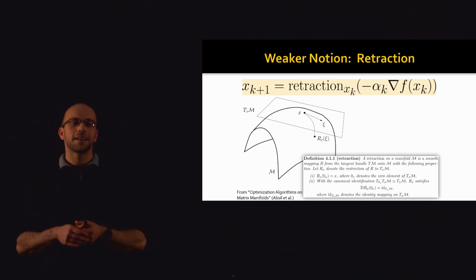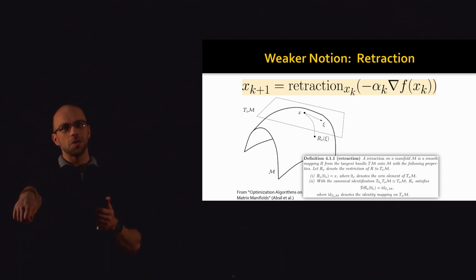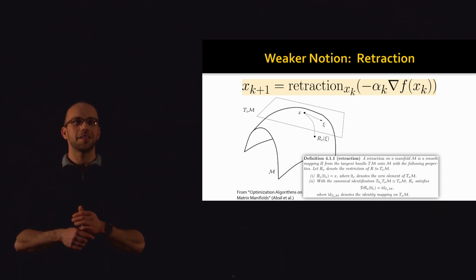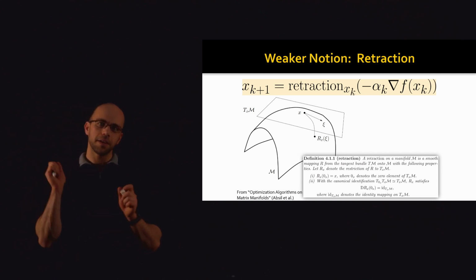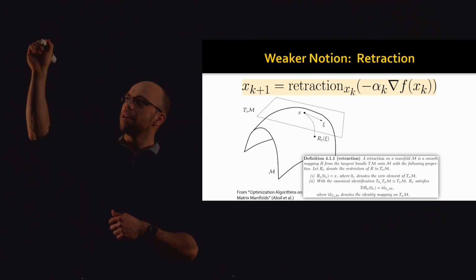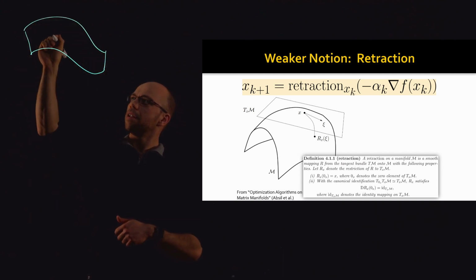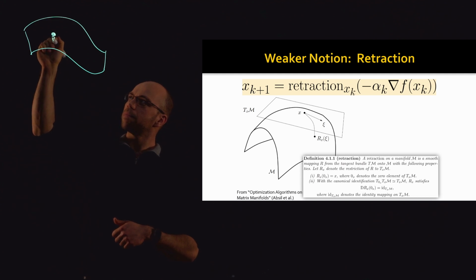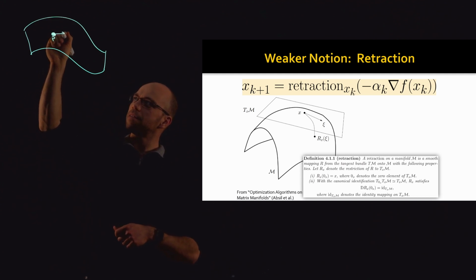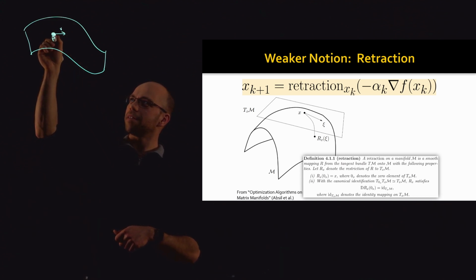But then, as I move farther away from the center point, my retraction may no longer look like a geodesic curve. Here's the picture that you should have in mind. Here's my manifold, and here's my point P. Remember, the exponential map takes a tangent vector, like V, and it gives me back a geodesic whose length is the norm of V and whose initial tangent is the V direction.